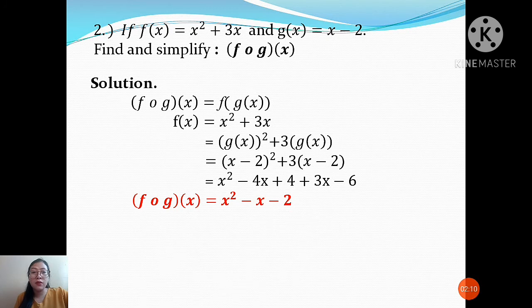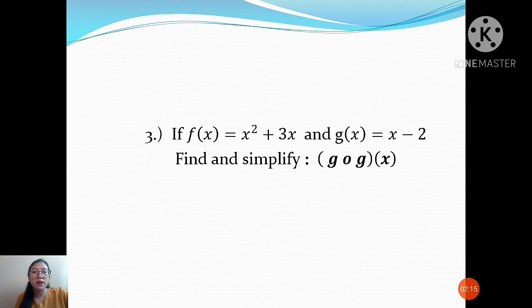So let's proceed to our last exercise, exercise number 3. You may start now. It says that if f of x is equal to x squared plus 3x and g of x is equal to x minus 2, then find and simplify g composed with g of x.